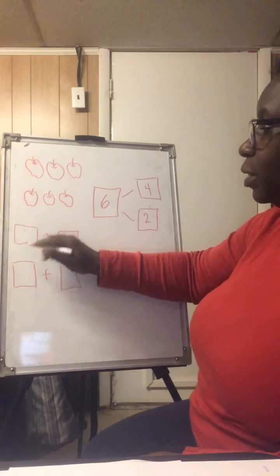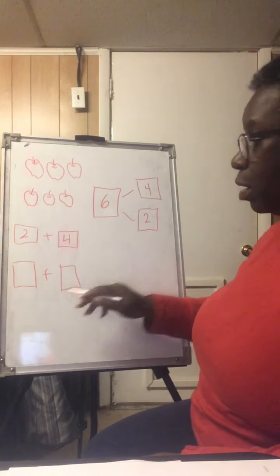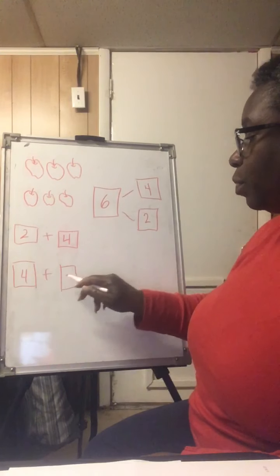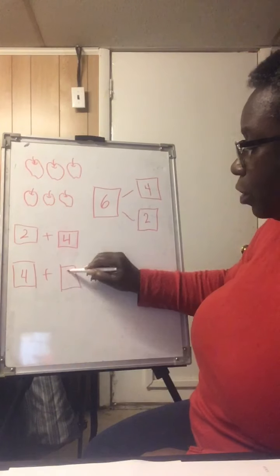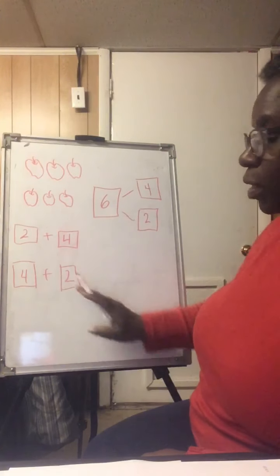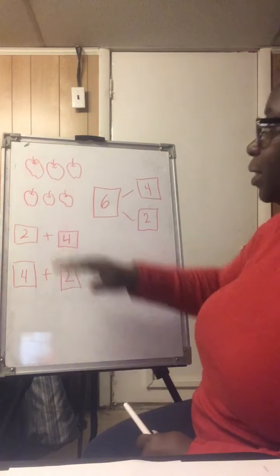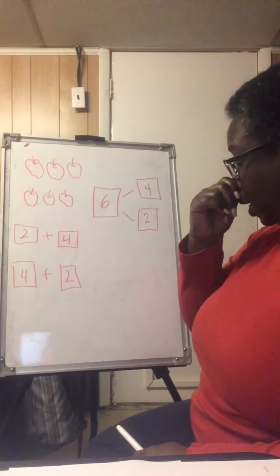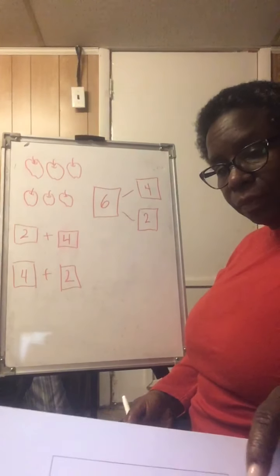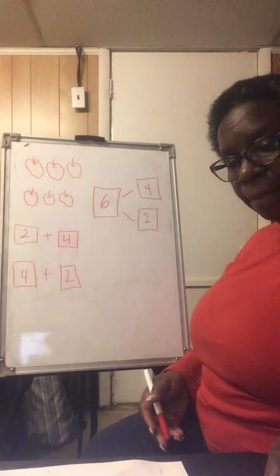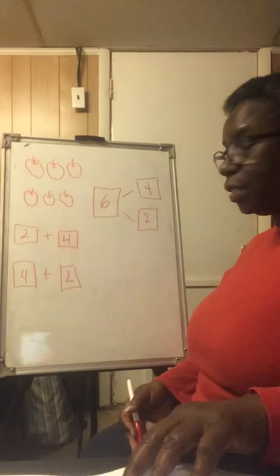So in our number sentence, we wrote 2 plus 4 or 4 plus 2. You remember how we wrote our number and then you can turn it around and use the same number each way? So that is what you're doing. But let's see what other number sentences we can come up with, because you're going to come up with more than one.